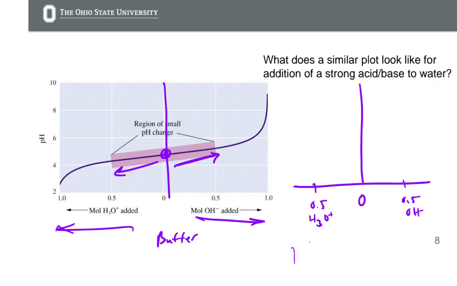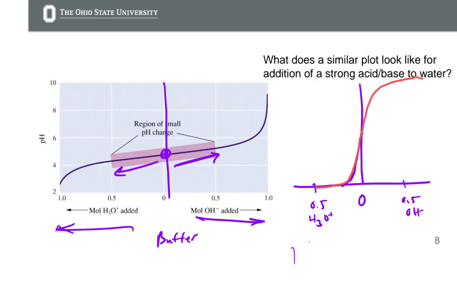And so what we end up seeing is something more like this. Let's draw it in red. pH decreases very quickly. If we take a beaker of water and we add strong base to it, the pH increases very quickly.